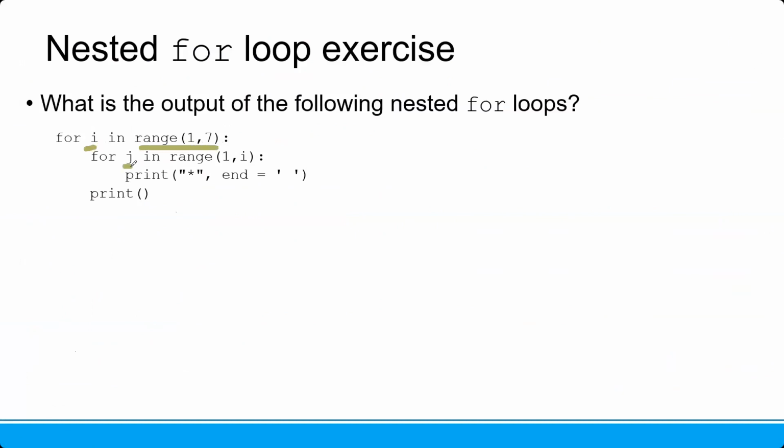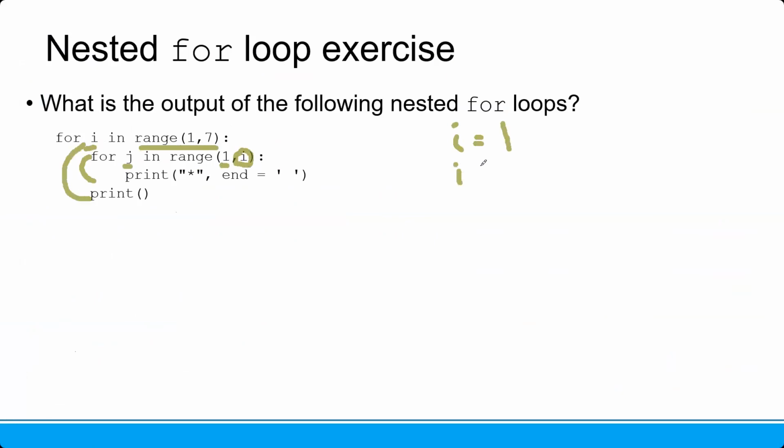Now J will be from 1 until I. What does it mean? If I equals 1, then the inner loop will be from 1 until 1. If 1 until 1, then nothing. We will do nothing, so we will go to the next line and then go to the next.